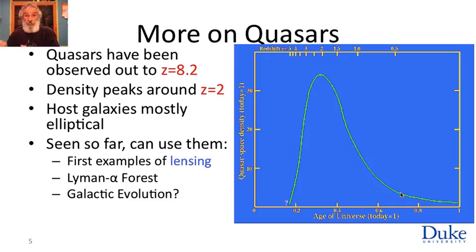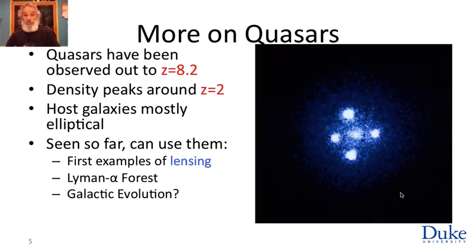So, for example, if you're looking for a galaxy cluster to lie along the line of sight from you to something, the farther the something is, the more likely that is to happen. And so the first examples of gravitational lensing were indeed observed when we found multiple images of a quasar lensed by an intervening massive object. This is one of the most famous examples, the Einstein cross.